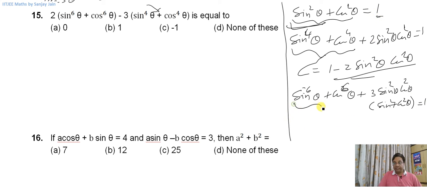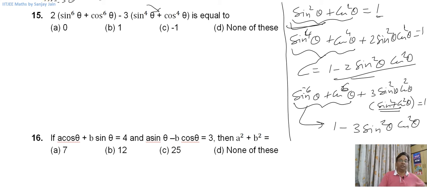So this sine raised to power 6 theta plus cos raised to power 6 theta will anyway become 1. So this can be replaced with 1 minus 3 sine square theta cos square theta. Or you should directly know the formula for a cube plus b cube, right? And a squared plus b squared. So anyways, let us replace what we have got.